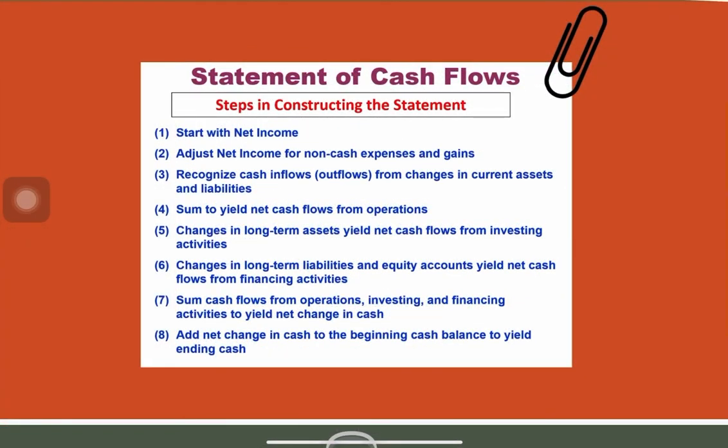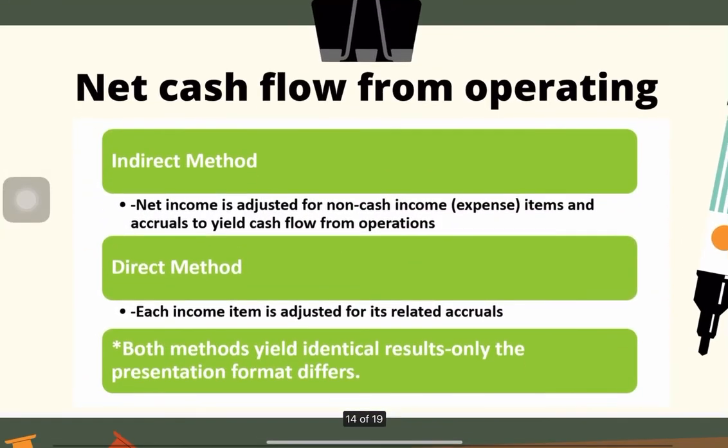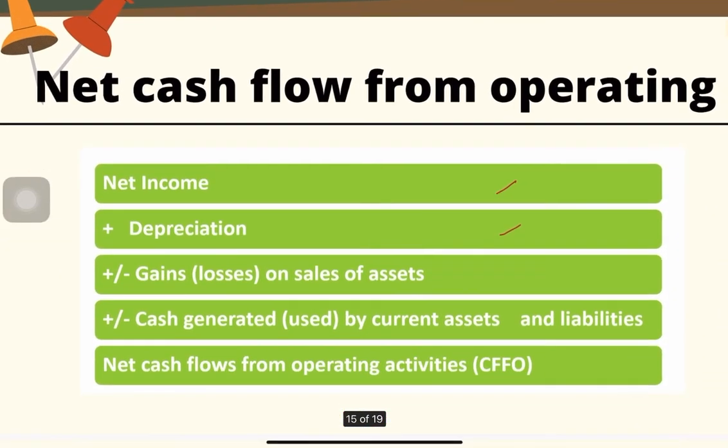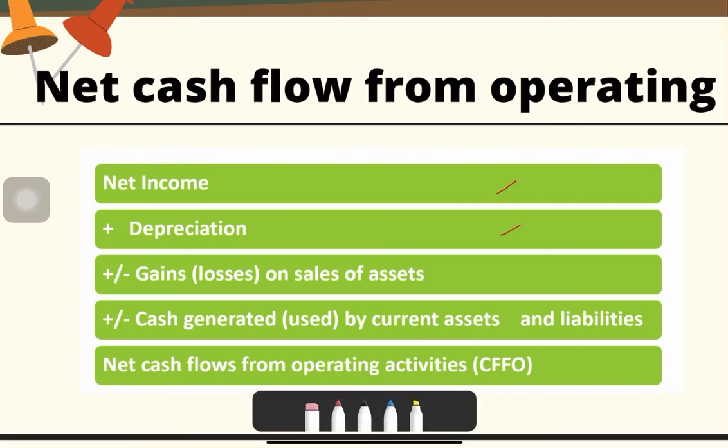So these are the steps in constructing the statement, but I'm going to show you step by step how to prepare the cash flow in the next video. Alright. So for the net cash flow from operating, there are two methods, indirect and direct, but both methods yield identical results. Meaning whether you use the indirect or direct method, we are going to get the same result. You start with the net income, you add the depreciation, because depreciation is a non-cash expense.